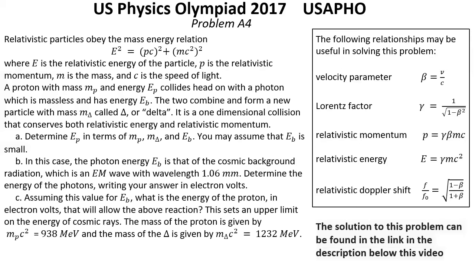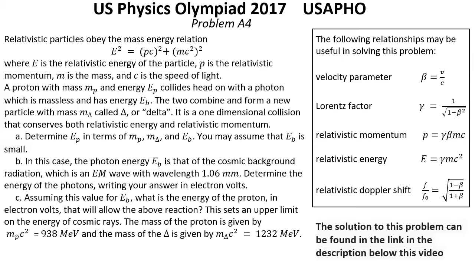Question C. Assuming this value for E_b, what is the energy of the proton in electron volts that will allow the above reaction? This sets an upper limit on the energy of cosmic rays.